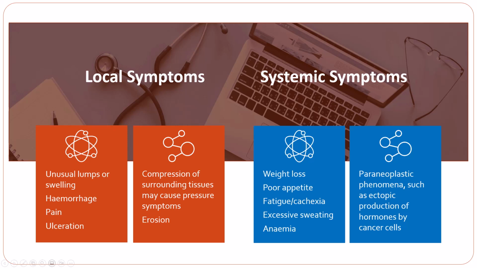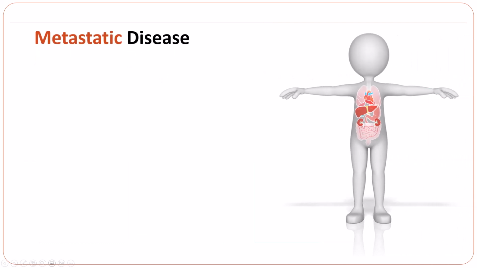So sometimes patients' first clinical presentation could be the paraneoplastic phenomenon. And then when you investigate, you find out that actually there is a cancer which is causing ectopic release of these hormones.